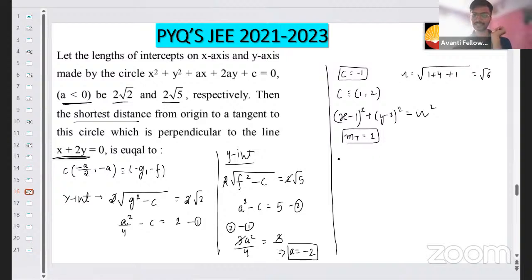So equation of tangent will be y is equal to mx plus minus r under root of 1 plus m square. What is m? 2. Right?